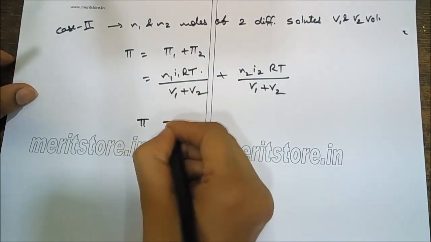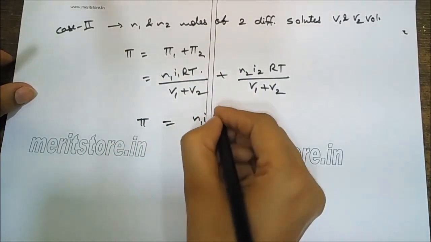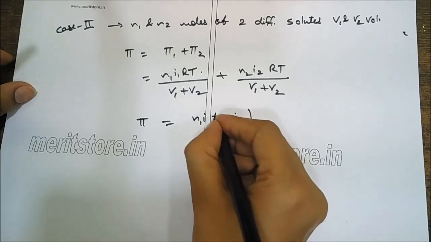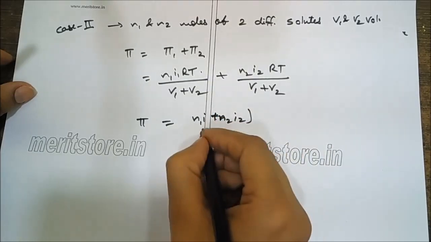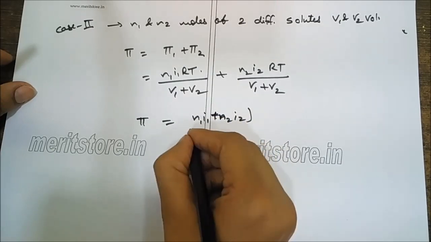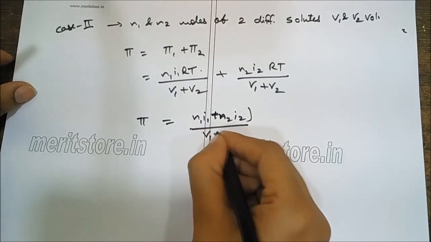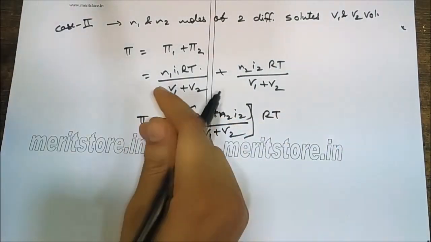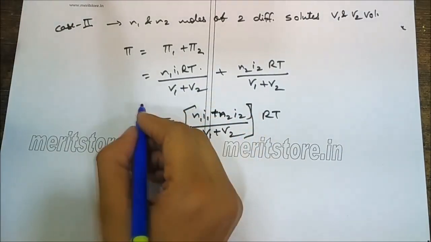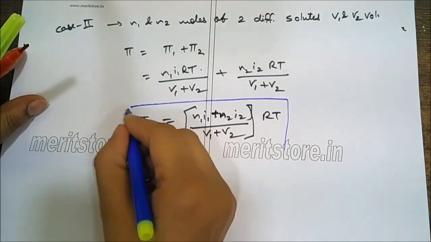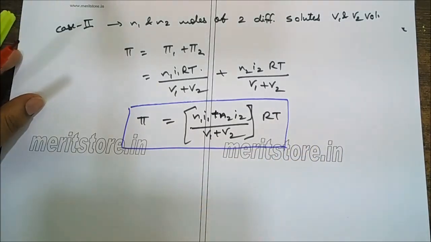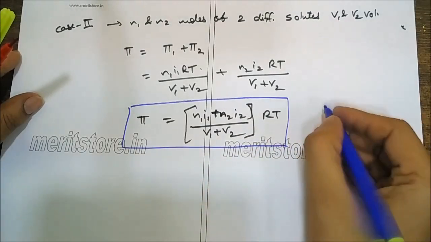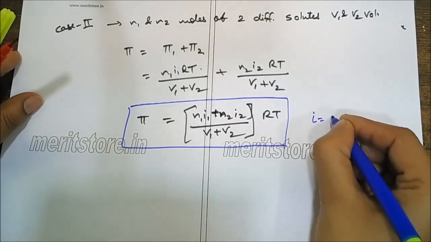Or we can write pi is equal to N1 I1 plus N2 I2 upon V1 plus V2 multiplied by RT. So the resultant osmotic pressure will be given by N1 I1 plus N2 I2 upon V1 plus V2 multiplied by RT. Here I is the Van't Hoff factor.